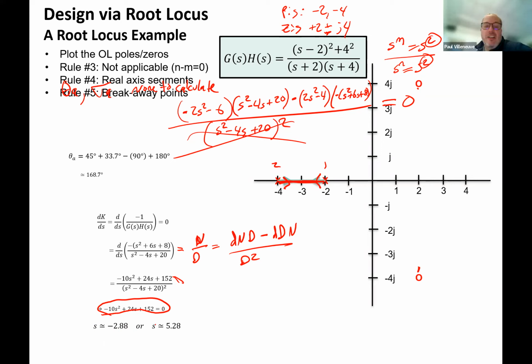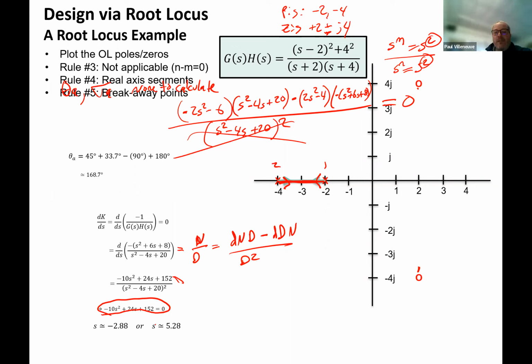So the question is, of those two roots, which one is a valid point that the root locus actually has the ability to get to? Remember, it has to be a point where the root locus actually gets to. Where on the real axis do you see the root locus living?